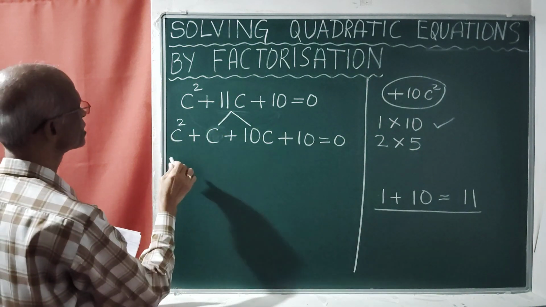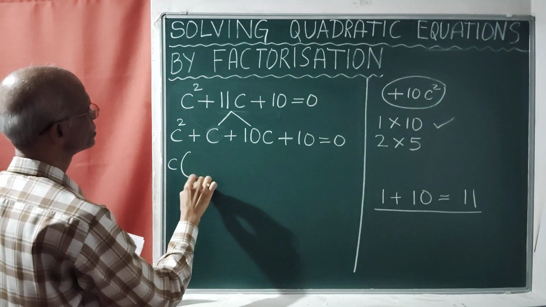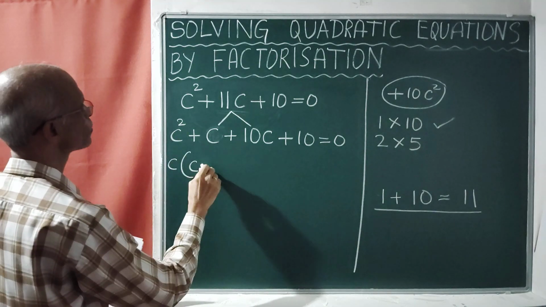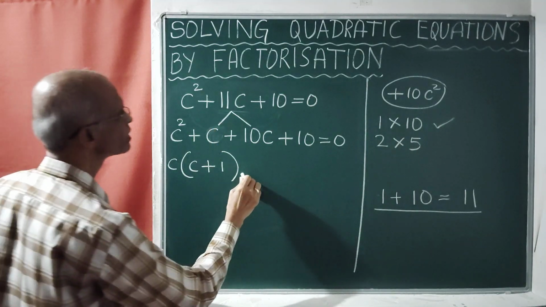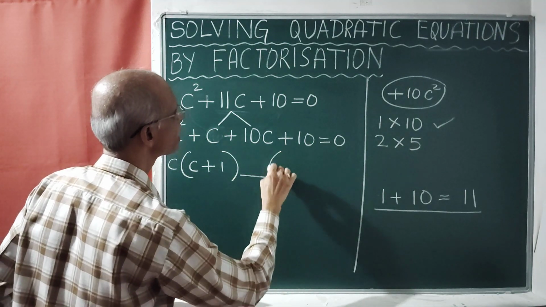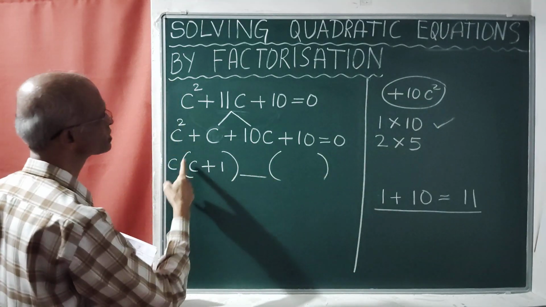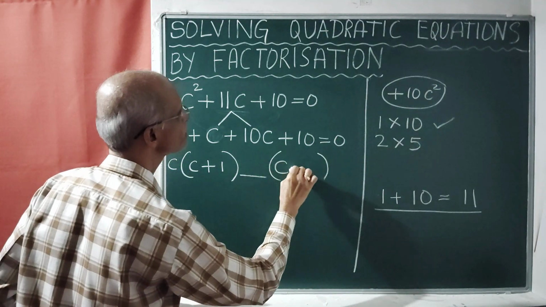Among these two terms, c is common. c into c, c square. c into 1, c. Leave a gap here and write once again whatever is in the bracket, c plus 1.